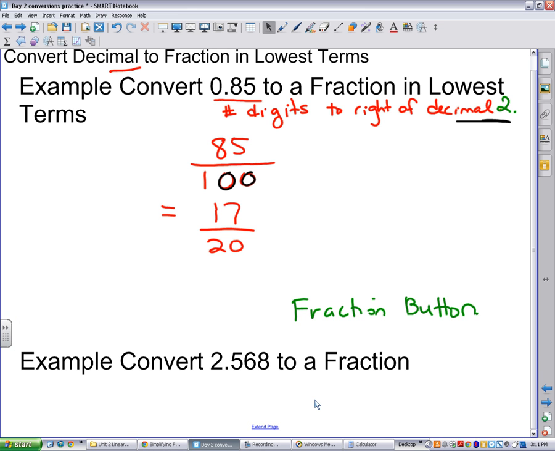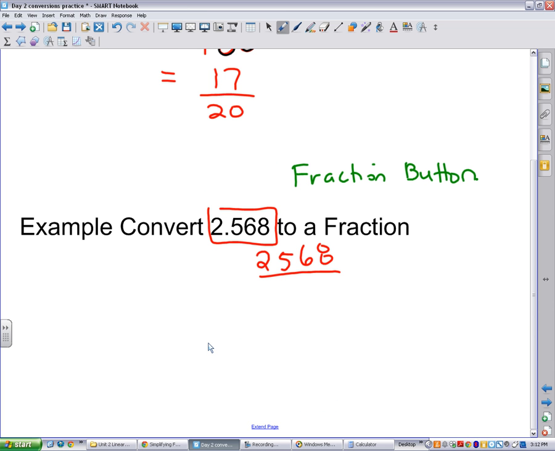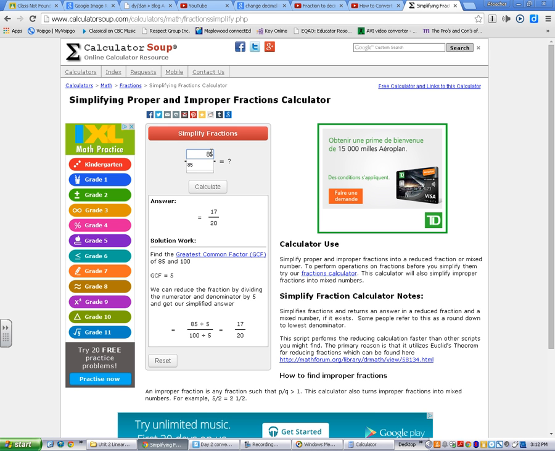I need all of the digits that I had before, so all the digits 2, 5, 6, 8, and I'm going to write that as a fraction over the value 1, and then there are 1, 2, 3 digits to the right of the decimal place, so there will be 3 zeros. So I have 2,568 over 1,000.